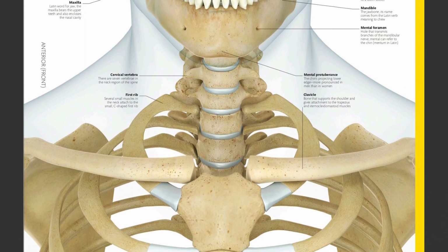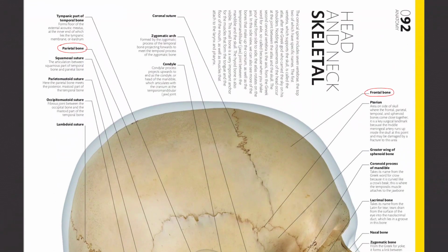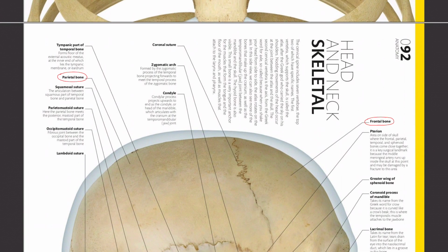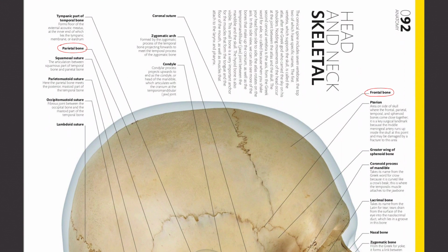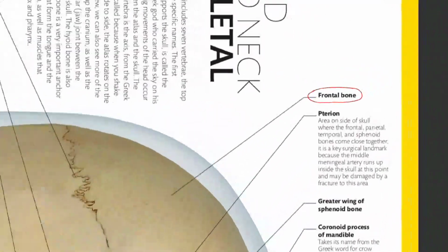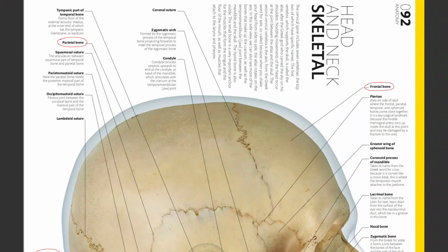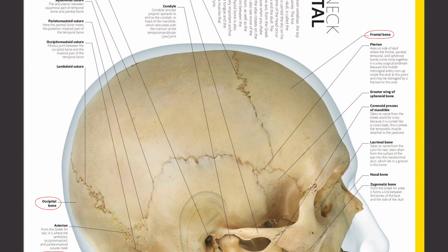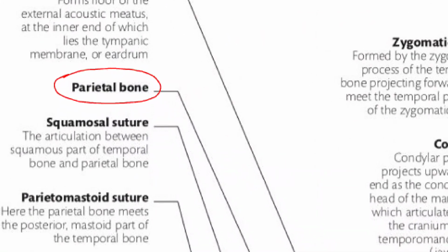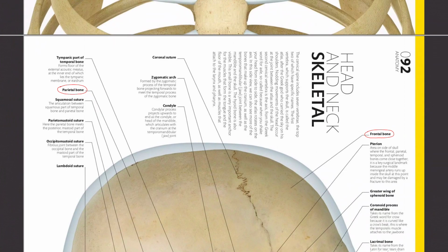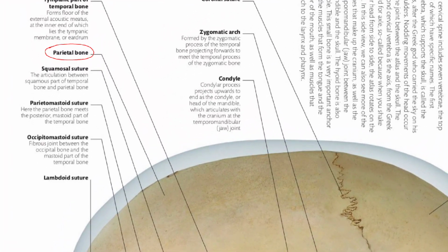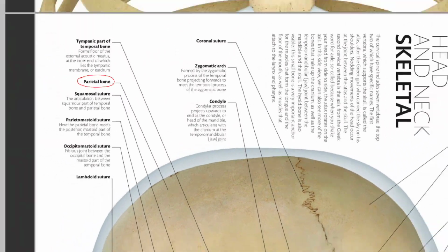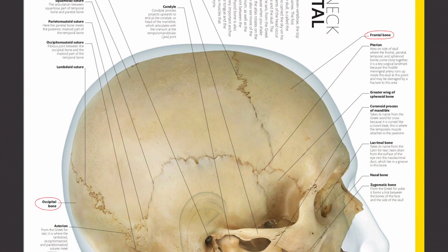For example, over here the clavicle is shown. Now this is also a very good figure, the frontal bone for example. So you will get the idea which one is the frontal bone. Then the parietal bone, this is the name, and you follow the arrow where the arrow is ending. Parietal bone.